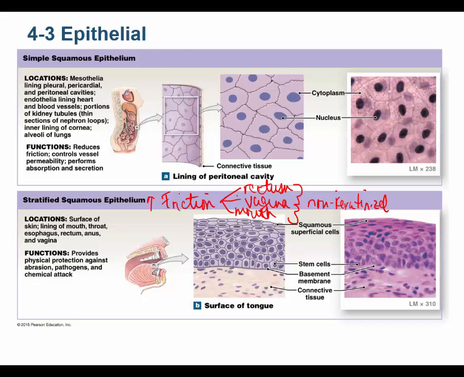And keratin is a pretty tough protein. First of all, keratin is a protein that makes up intermediate filaments. But keratin is a tough protein found in epithelial cells as well. If you want to know what keratin is, it's what makes up your fingernails. It's also in your hair. Now you have another source, another location of stratified squamous epithelium, and that's your skin.